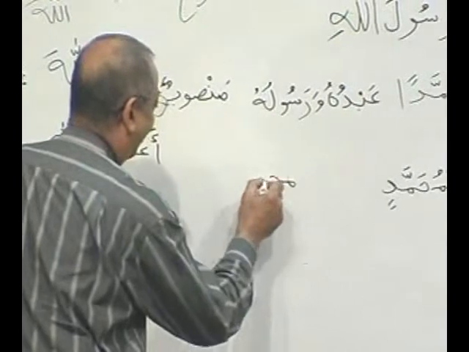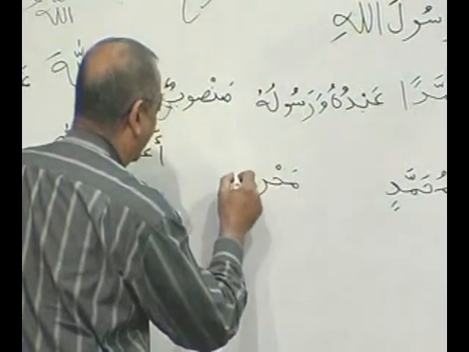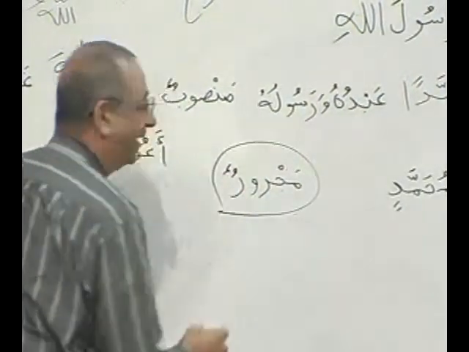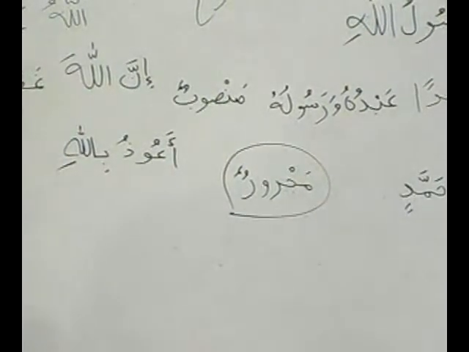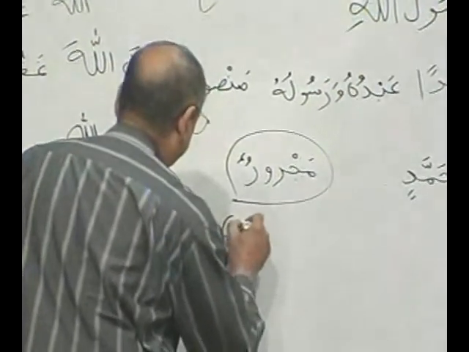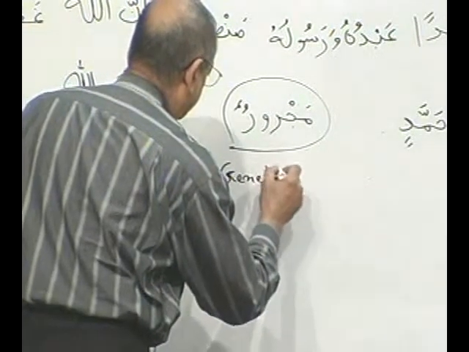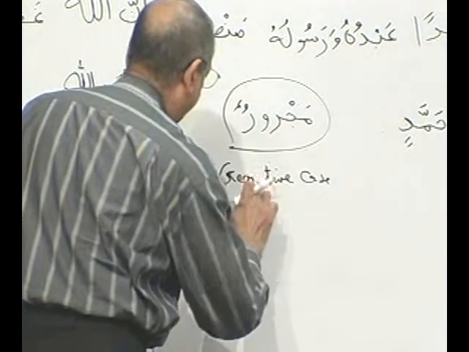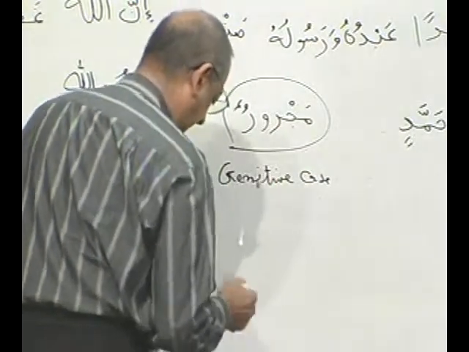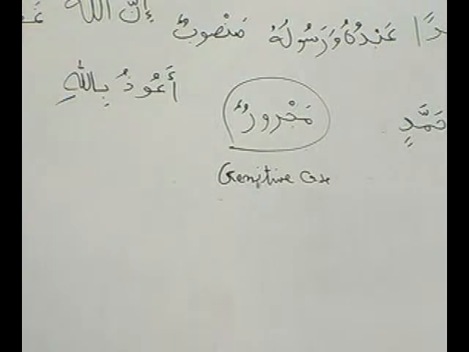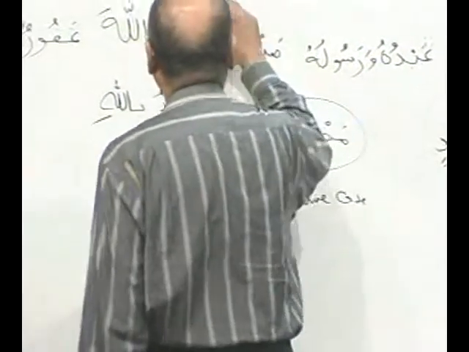Okay? Majroor, majroorun. Are you with me? And in English it is called genitive case. I think it is genitive case. Yes, it's genitive case. And accusative case, maybe I should write down accusative case. Also mansoob is accusative case.